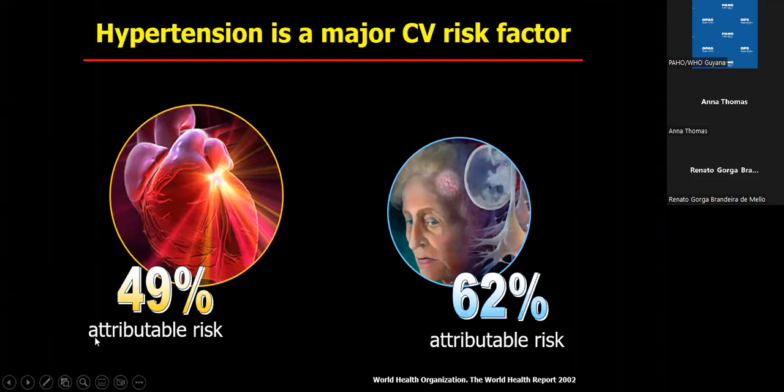This is what we call attributable risk. Even more alarmingly, if hypertension could be eliminated from the world, 62% of all strokes would be prevented. Hypertension is responsible for 62% of all strokes.